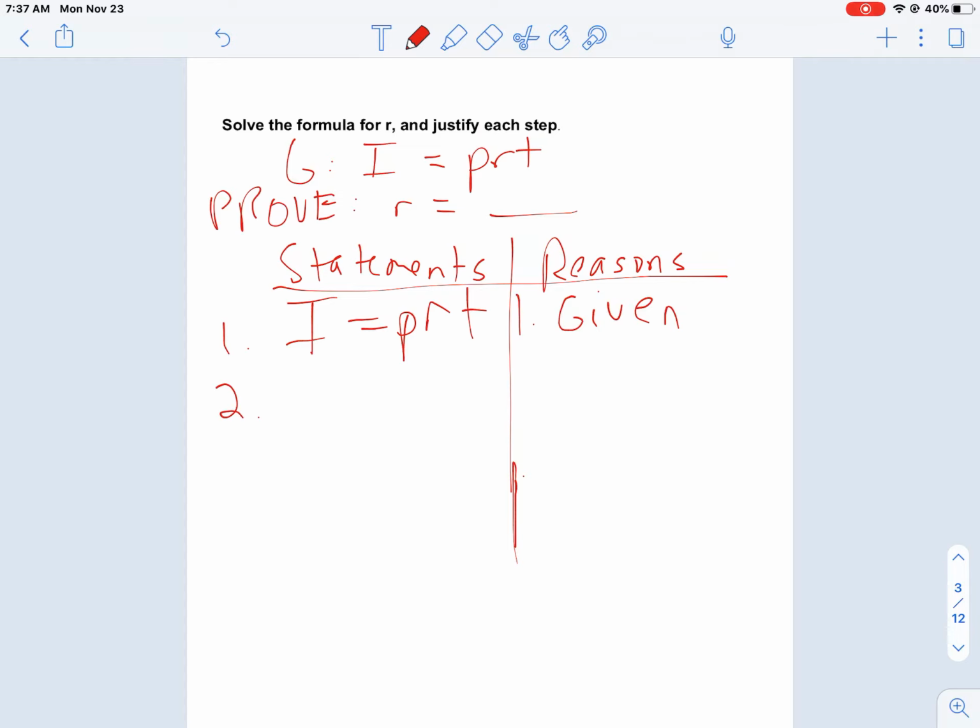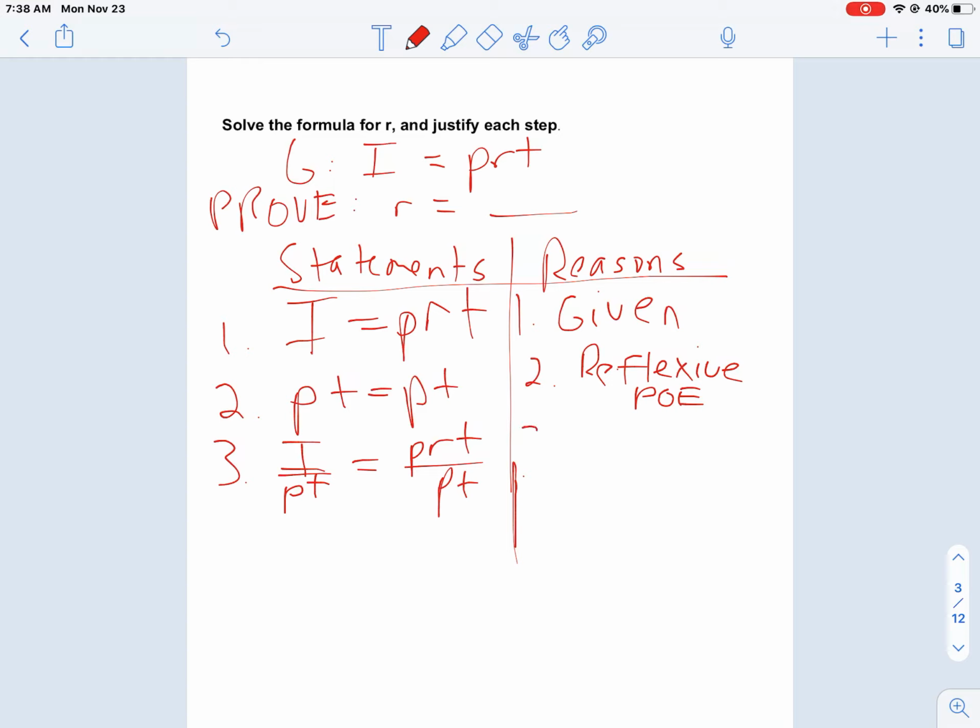Now I'm going to say PT equals PT, because I need to divide PT out to solve for R. I need to get R by itself, so I have to make PT equal to PT. I'm going to divide both sides by PT. That's the division POE.